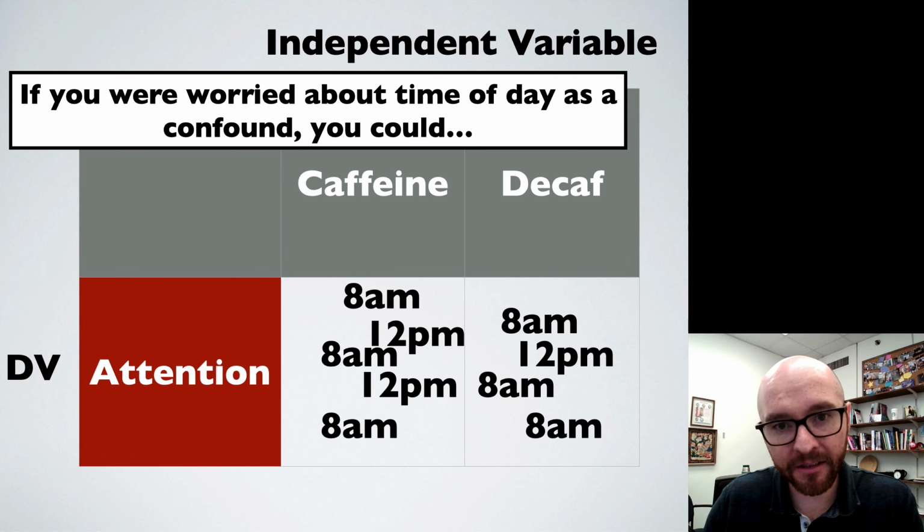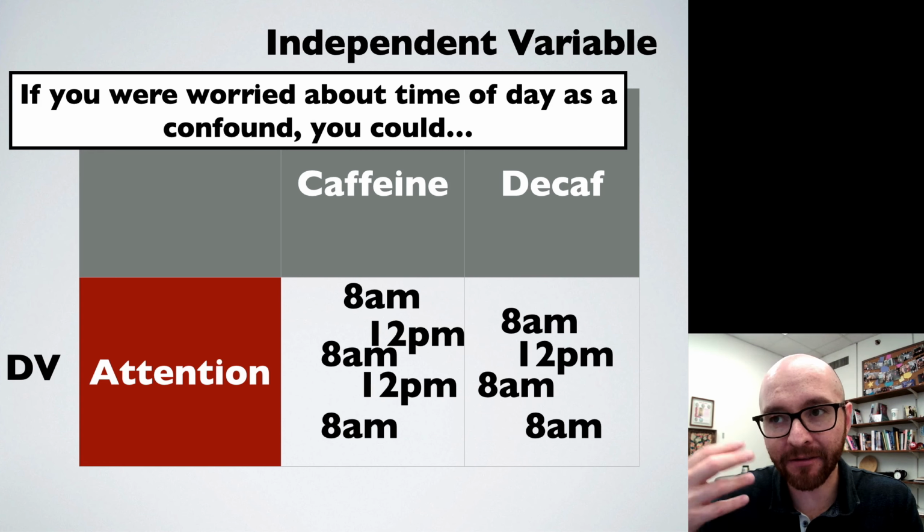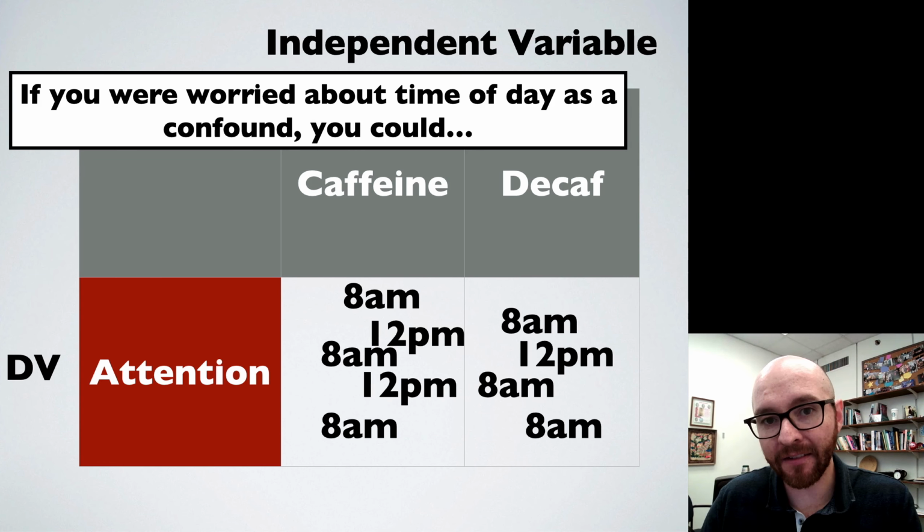So if you had a situation like this, when it was non-systematic, just random, right? Some people got 8 a.m., some people got 10 a.m., some people got 3 p.m., but you had these random times across both caffeine and the decaf situation, you wouldn't worry.